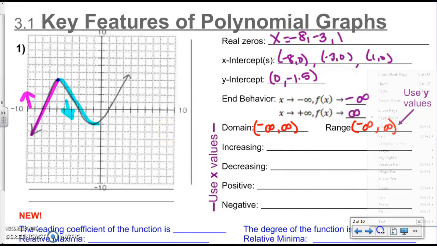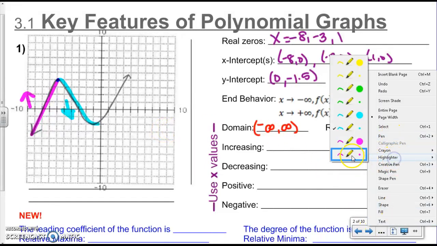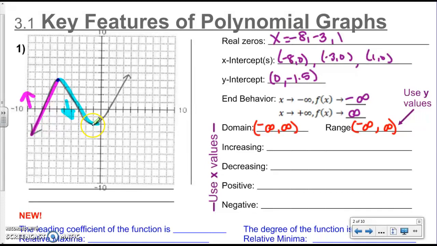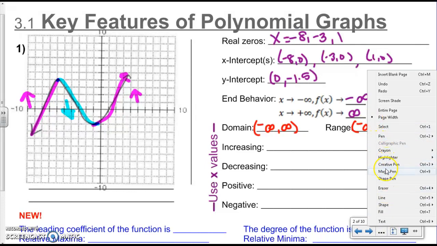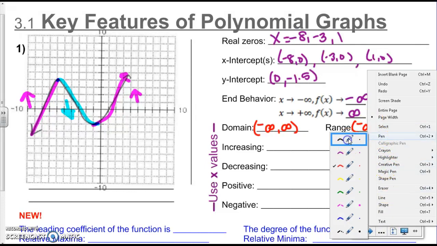Okay, and then at that bottom point, it actually changes direction again. So starting here now, my graph is increasing, and it's going to continue increasing forever. Okay, so this will help us out, especially since it's highlighted. Let me switch back to a pen.